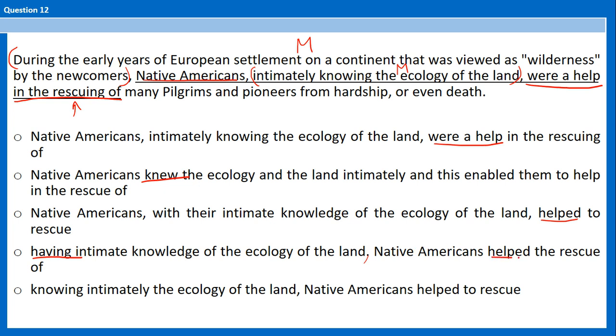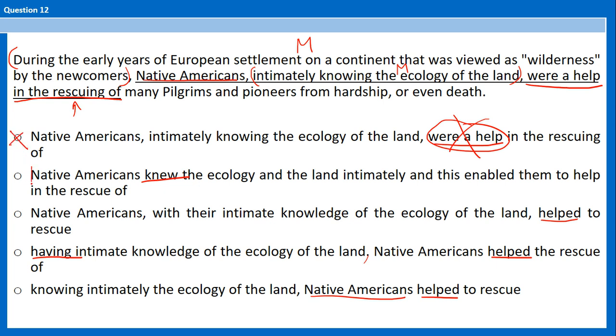Native Americans helped, and Native Americans helped. Okay, instead of using the worthy and awkward expression were a help, you want the verb helped, right? And we eliminate number 1.